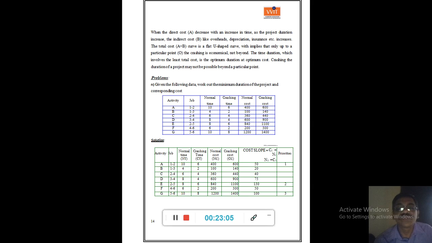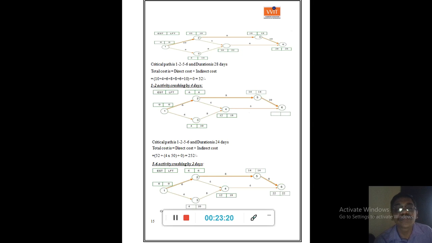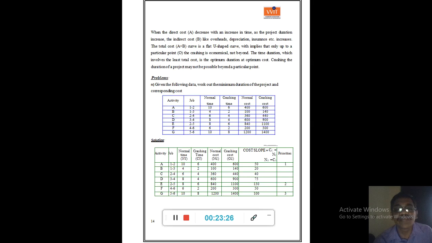See here, for all the activities you need to consider the normal cost. Indirect cost is not given in the problem. Direct cost means normal cost, you have to take 400 plus 100 plus 360 plus 600 plus 840 plus 200 plus 1200.